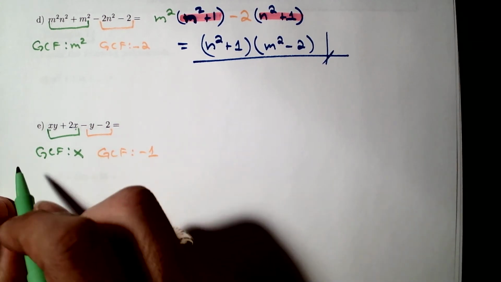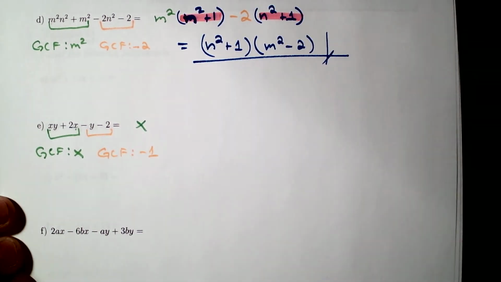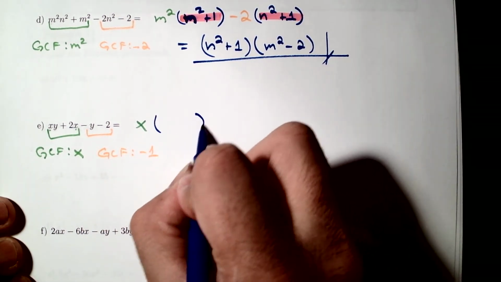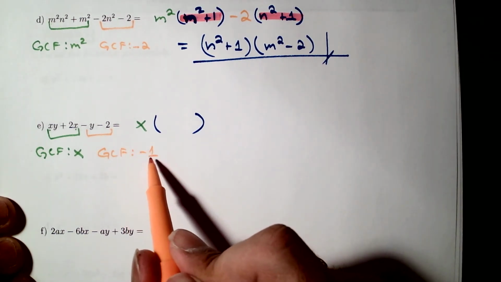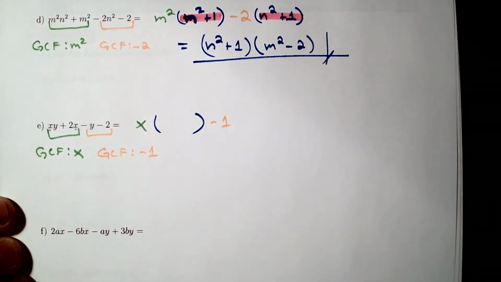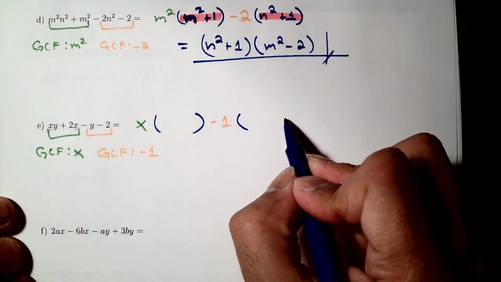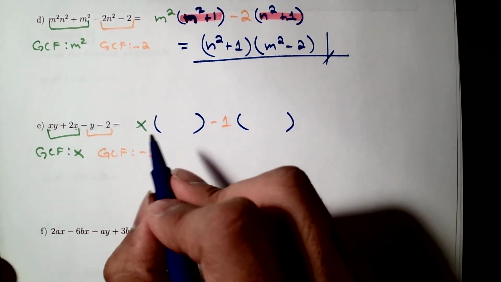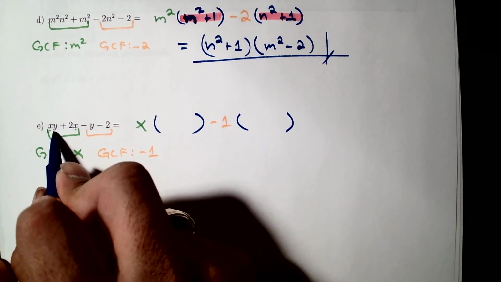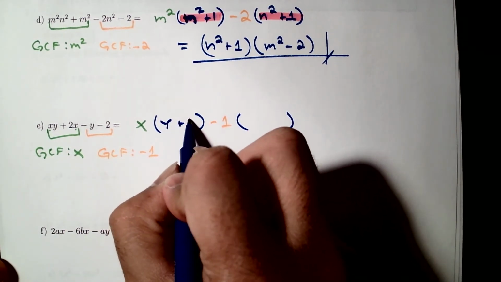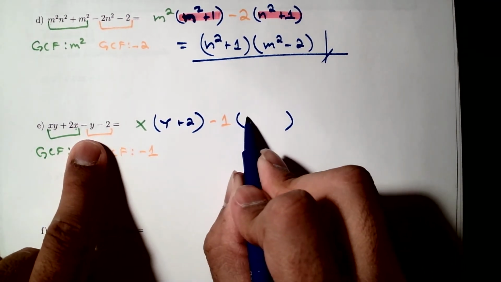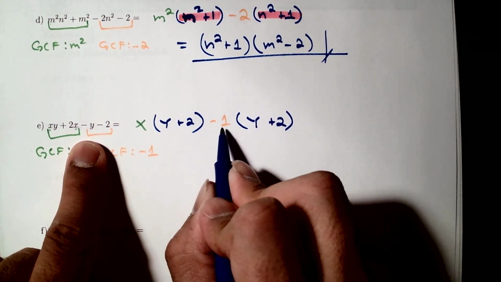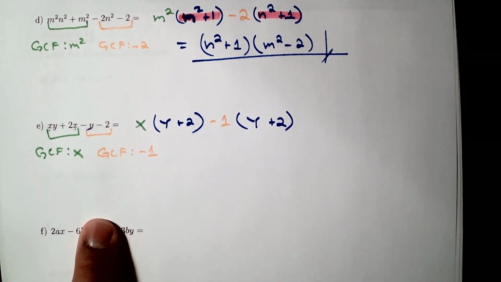So let's write that as x times what quantity? Minus 1 times what quantity? Alright. So I'm going to have x times y plus 2, and then negative 1 times y plus 2, because negative 1 times y equals negative y.